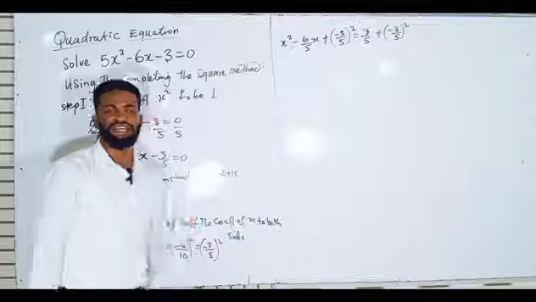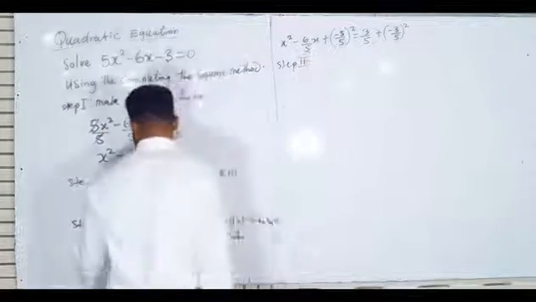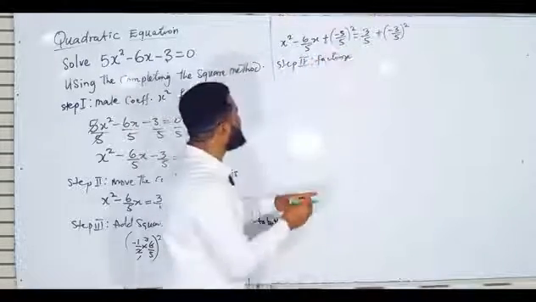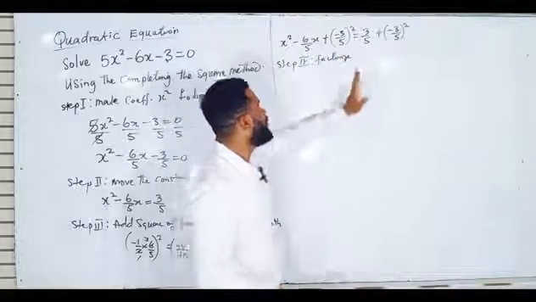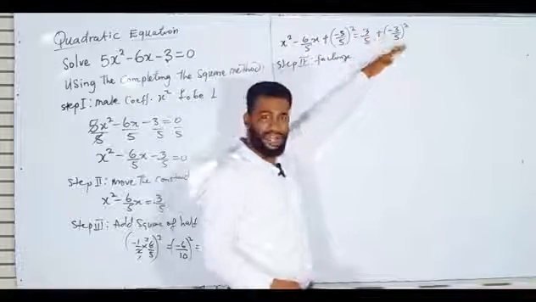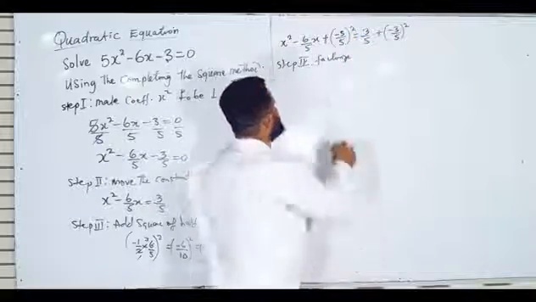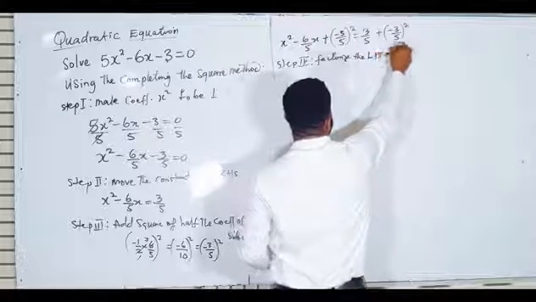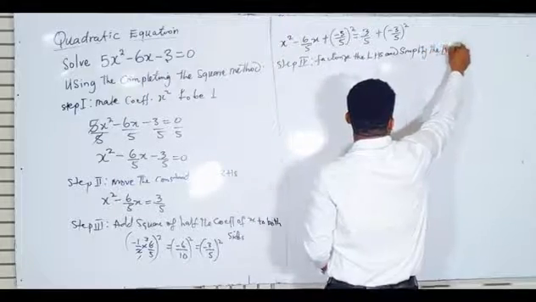The next thing is what I'm calling step 4: factorize the left hand side and simplify the right hand side.